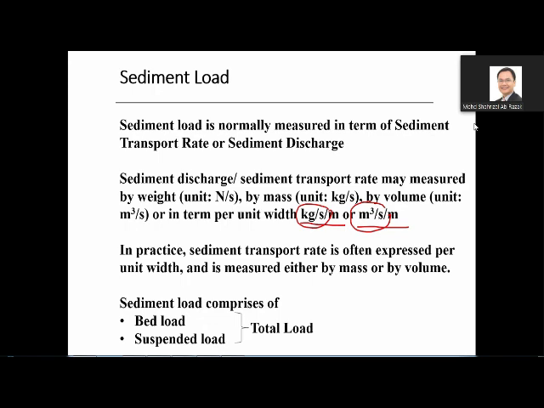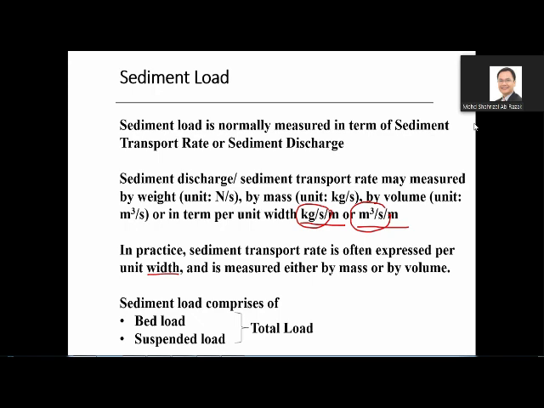In practice, we normally refer to the sediment transport per unit width, either measured by mass or by volume. So kalau kita nak kira sediment transport for a river width of 20 meter, kita tak kira 20 meter, we call it per meter.